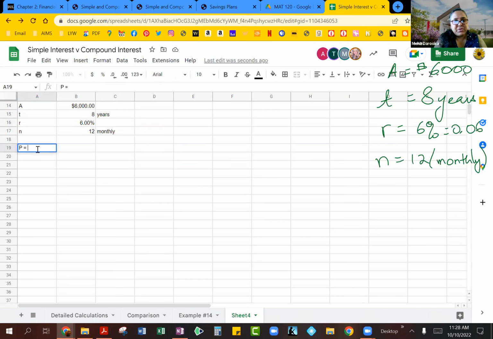P equals, and then you take A and then divide that whole thing by 1 plus R divided by N. And then you raise that denominator to an exponent of N times T. Okay, or you can use the present value formula that is built into your spreadsheets, right? So let's do that over here. We'll start by using the formula itself. So this is how you would type this in if you were going to do this.